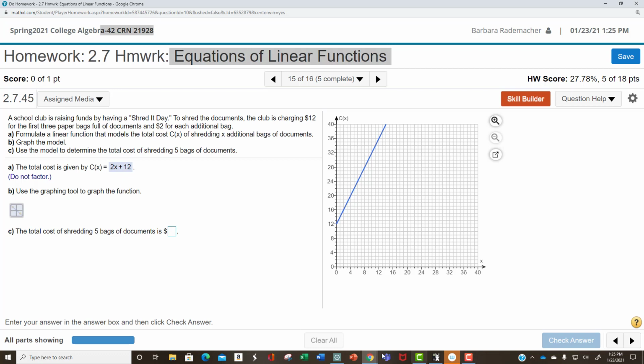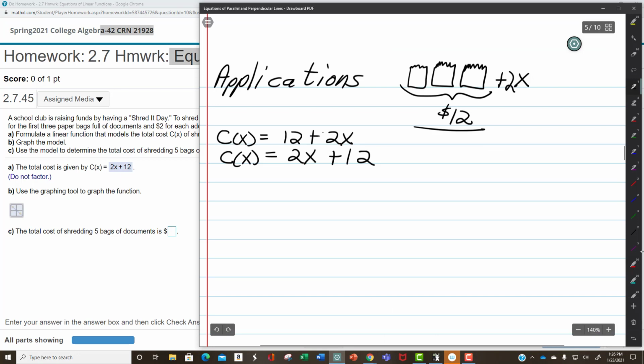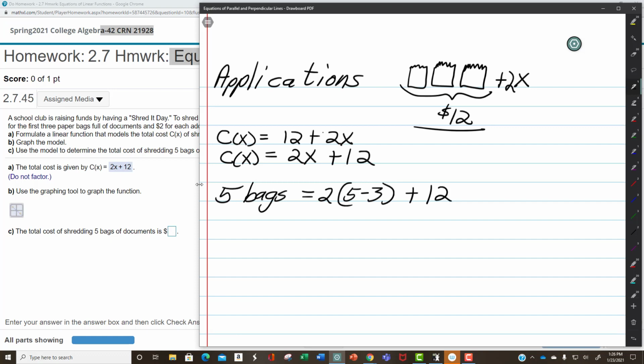So if we calculate this on the paper, 5 bags is going to equal 2 times 5 minus the first 3 bags, plus 12. Because that 3 is getting paid for out of this.